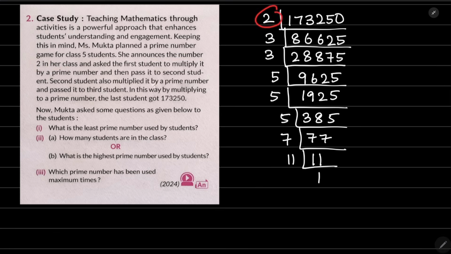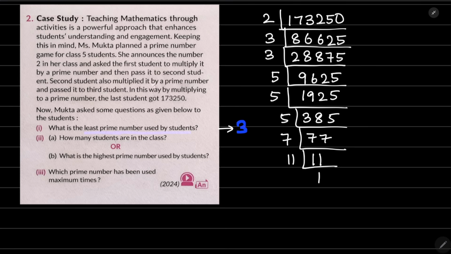So 2 was already announced by the teacher. Apart from the number 2, which is the next least prime number that was used? The answer is 3. So the least prime number used by the students is 3.